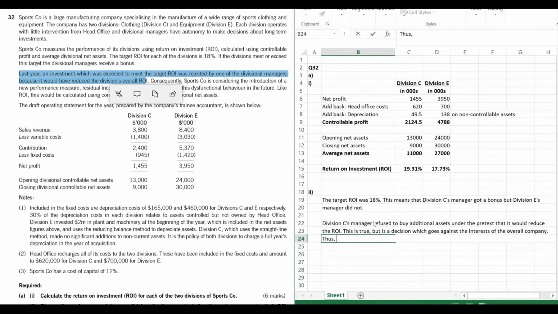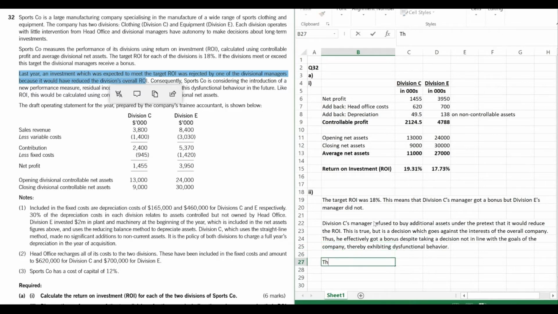Thus, he effectively got a bonus despite taking a decision not in line with the goals of the company, thereby, and here we get the buzzword, exhibiting dysfunctional behavior, which they've also used as well. Yeah.